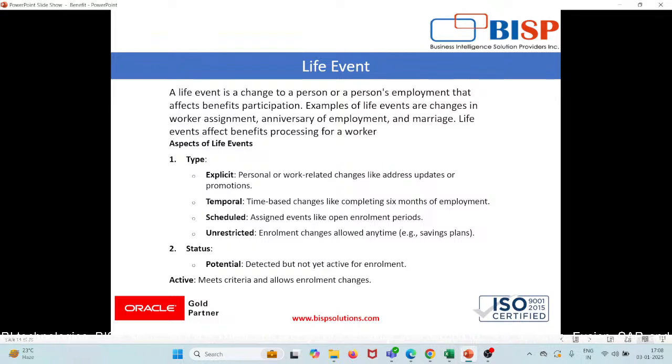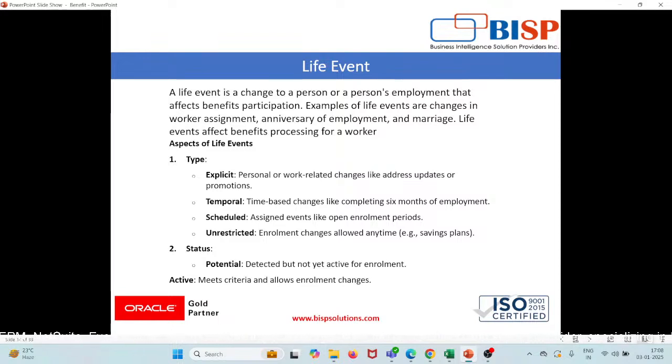Then there is life event. This is basically if something is happening in your life. We have discussed this in our previous session. Okay, so something happened in your life. You can say there are four types of life event, which is explicit, temporal, scheduled, unrestricted.